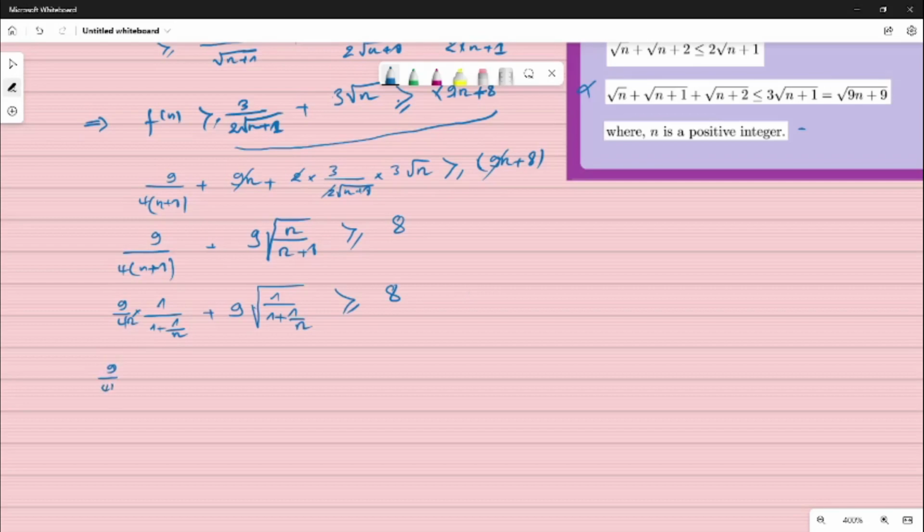And here this quantity between parentheses is greater than 1 minus this.